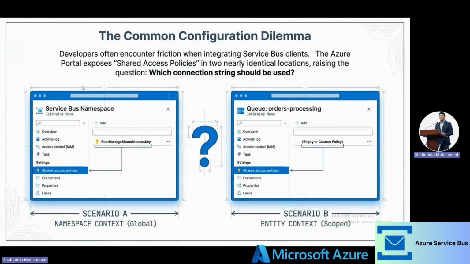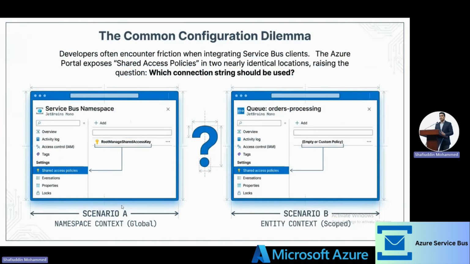On the left-hand side you can see the Service Bus namespace connection string, and on the right-hand side you can see the queue connection string. What is the difference between both of them? This namespace connection string is for the global level. It will work from a global point of view.